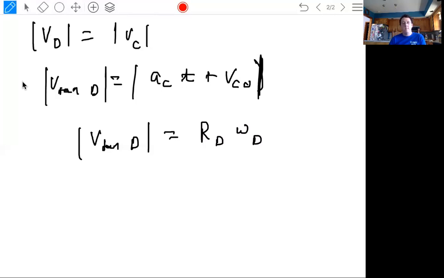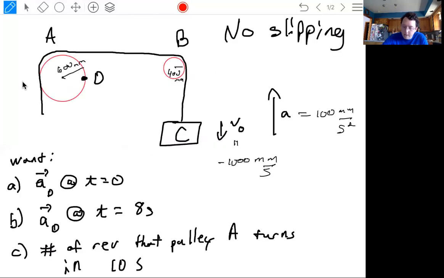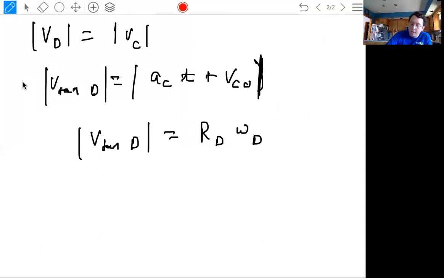From the picture, I was told that initially the mass was going to go down, which means initially pulley D is going to rotate clockwise, so at least initially omega will come out negative. So maybe I should just put in absolute values right here, and that's certainly a safe statement.